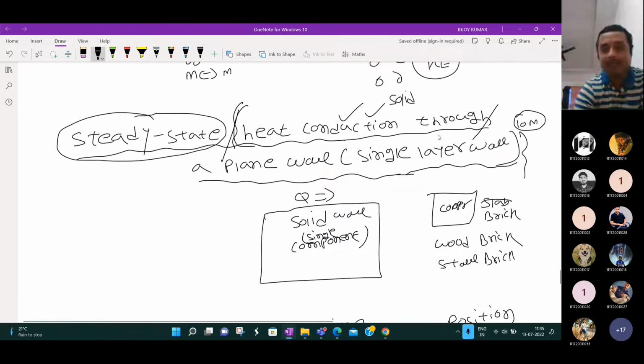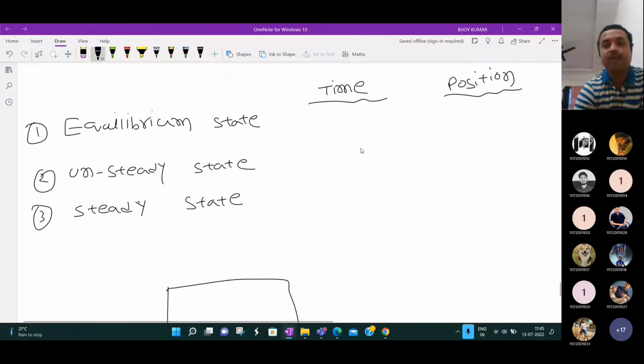So, heat conduction through a plane wall. It means a single solid wall through which heat is transferring by conduction, because it is a solid.